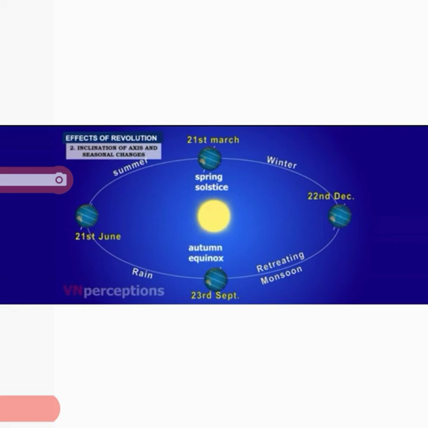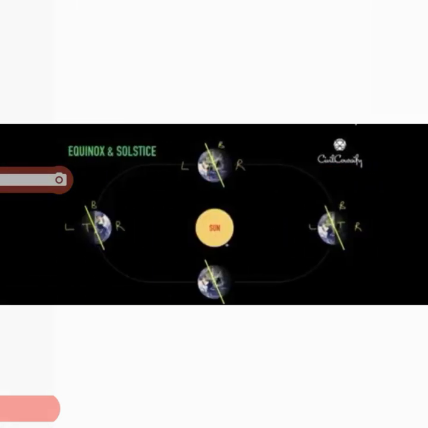Children, I will repeat about solstice and equinox. Now, because there are changes in seasons, there would be changes in the patterns of the sunlight we receive.